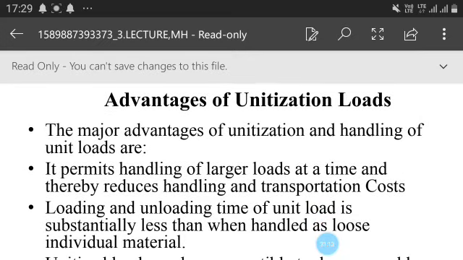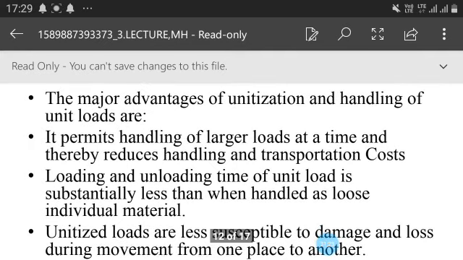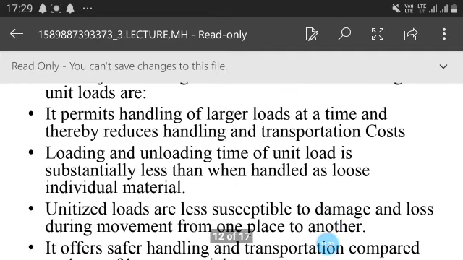The major advantages of unitization and handling of unit loads are: it permits handling of larger loads at a time, and thereby reduces handling and transportation cost. Loading and unloading time of a unit load is substantially less than when handled as individual loose materials.